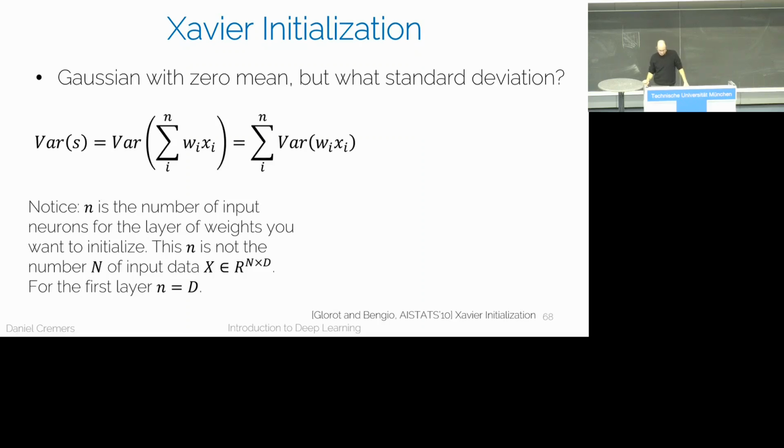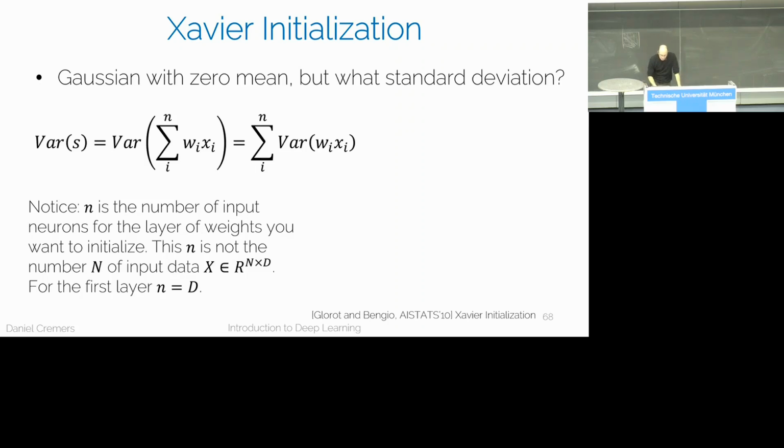And this is actually not so difficult to analyze, because you know what happens in each layer, right? You get the score function, that is this linear combination of the weights times your input. And you want to know, what is the variance of this score, and you want to make sure that variance is the same as the variance of the input, x.